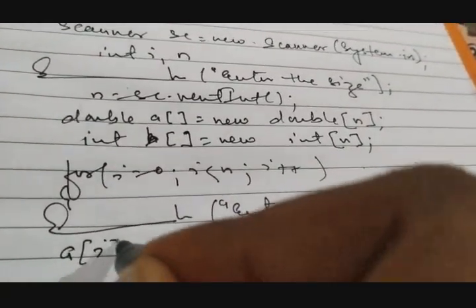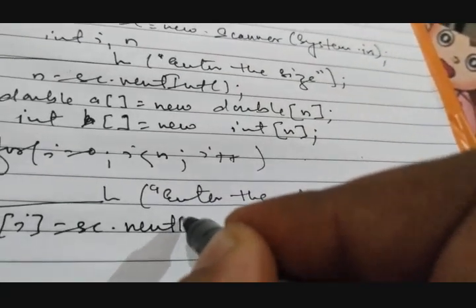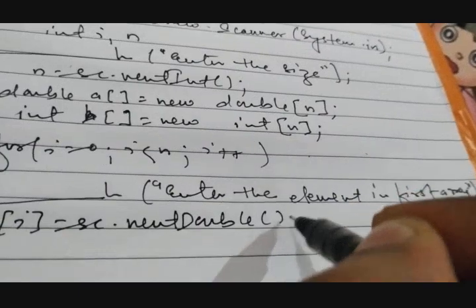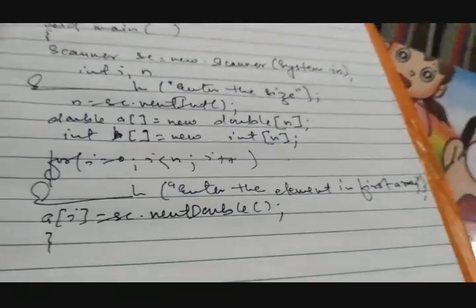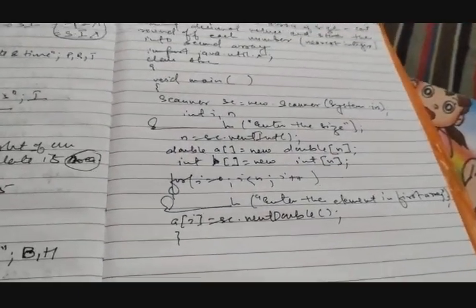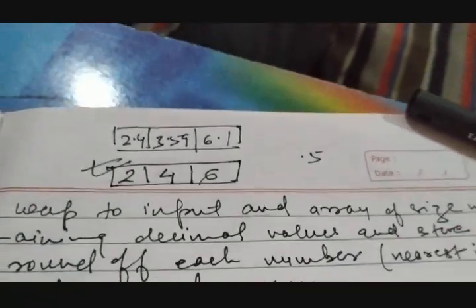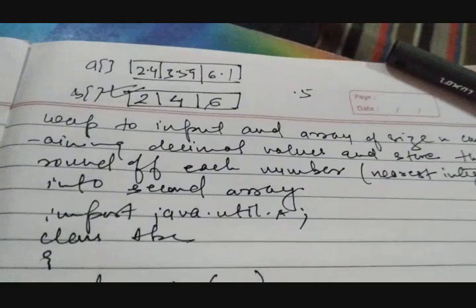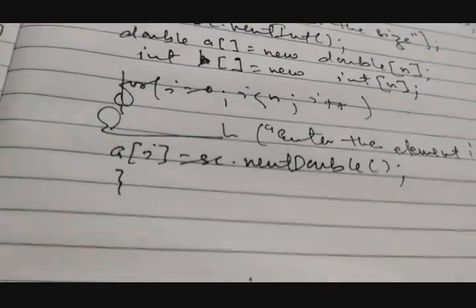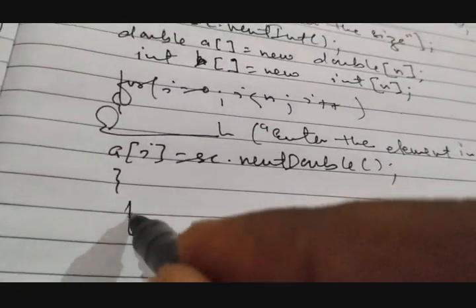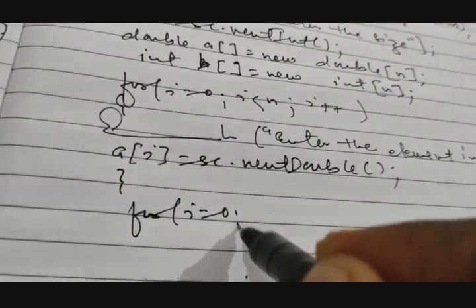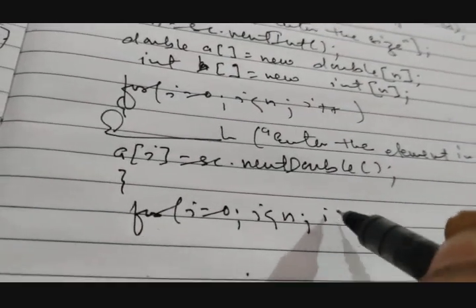A of i equals sc dot nextDouble method. That means we have created the A array, and the B array is an empty one. Now we need to fetch each element. For i equals 0, i less than n, i plus plus.